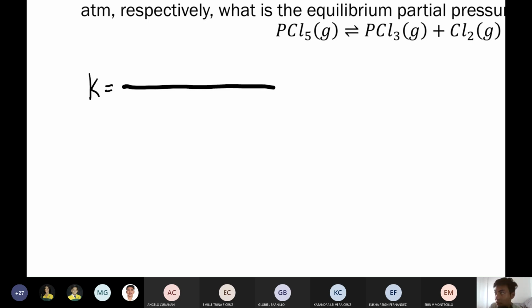So for the product side, we have PCl3 and Cl2. So let's write that. Pressure of PCl3 times the pressure of Cl2. So pressure nito, pressure nito. Then for the reactant side, you have the PCl5. So sulat mo yun sa baba.